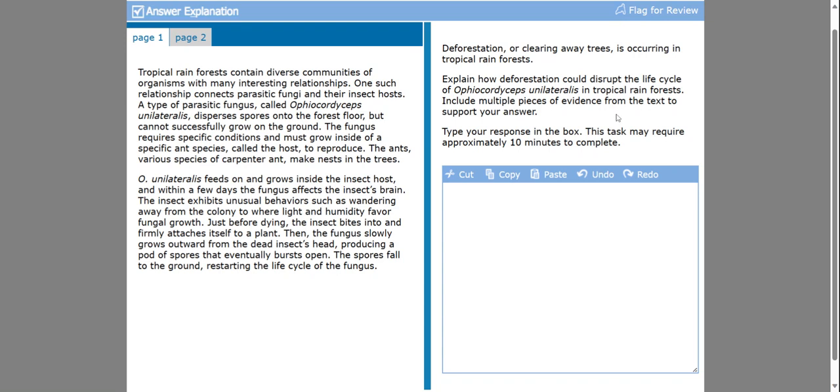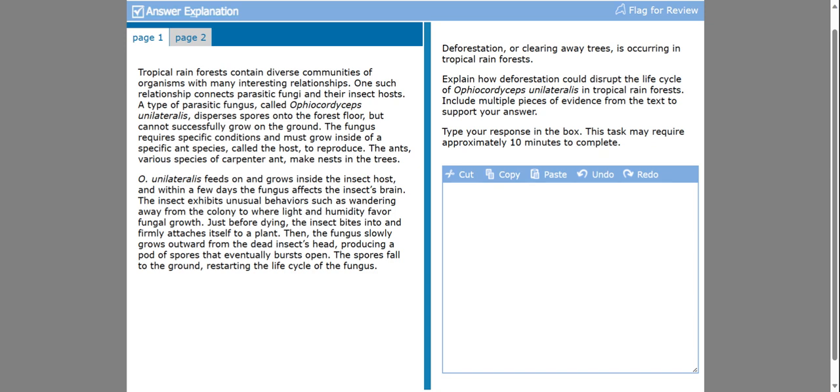It's not asking for one piece of evidence, it's asking for more than one. So for that, I say two or more. And if you only have time to give two separate pieces of text evidence, then that's enough. Now let's look at the bottom part here. It says type your response in the box. This task may require approximately 10 minutes to complete.